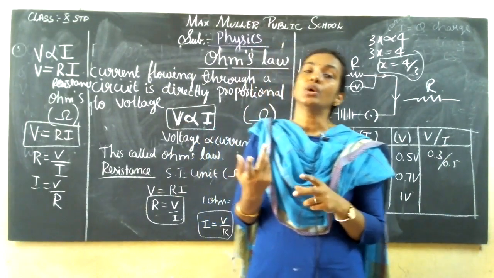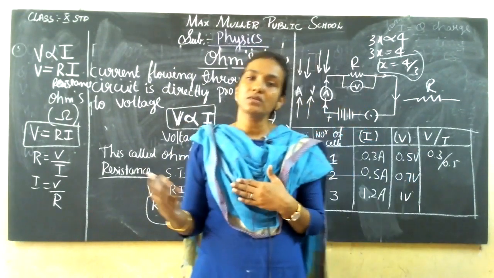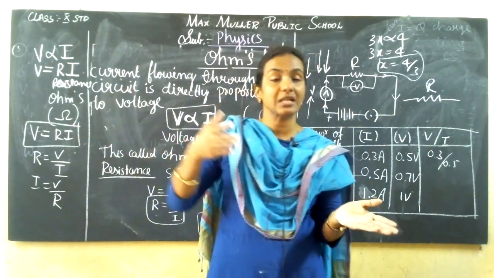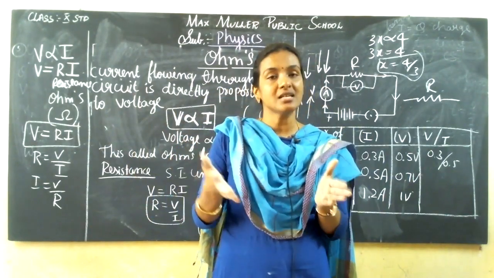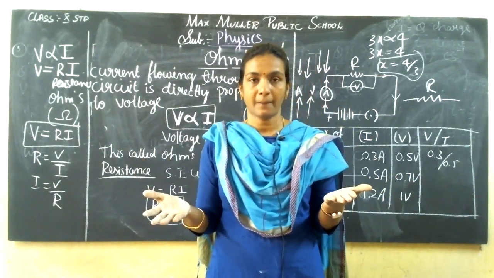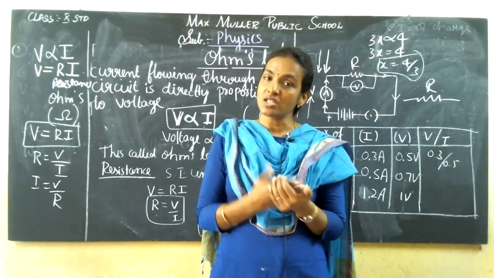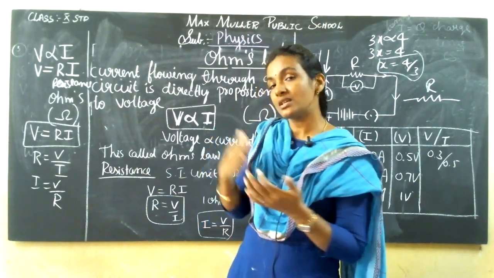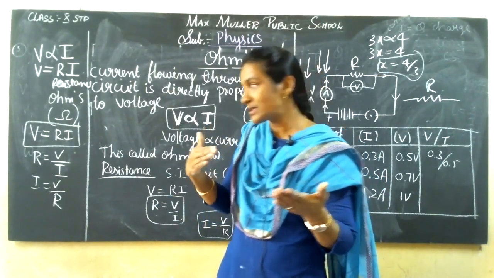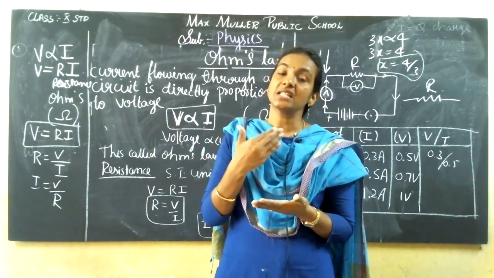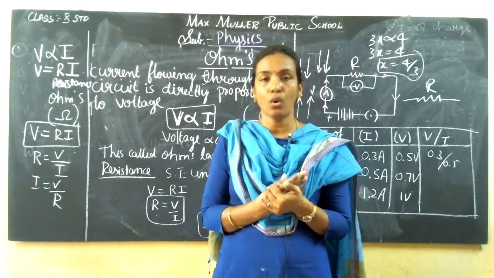You cannot find the values of V and I if you have a proportionality sign between them, so you need to introduce a constant. That constant is called resistance. When you introduce the resistance, that is V is equal to R into I. The SI unit of resistance is ohm.